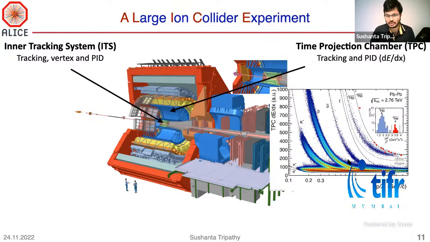I won't go into detail about particle identification because you already had a session on it with the STAR and ALICE detectors. With the time projection chamber, via the energy loss, one can identify particles varying from pions, kaons, and protons to anti-nuclei.